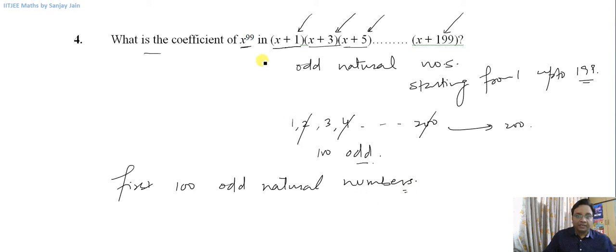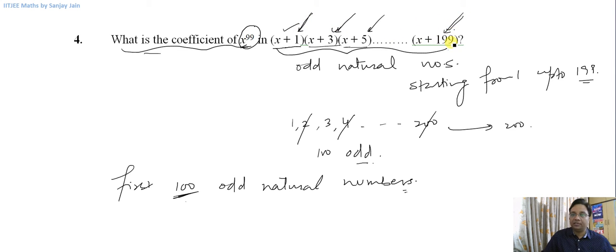right? Now look at the question. What is the coefficient of x raised to power 99 in this product, right? So how many brackets are these? We have already seen that these are 100 numbers, 1, 3, 5 up to 199. So these are 100 brackets, right?